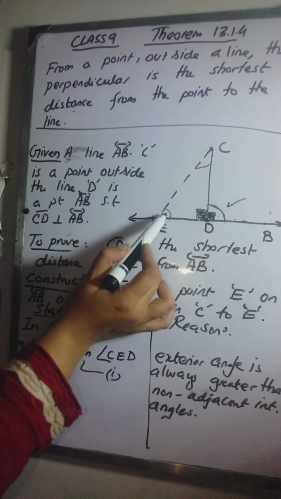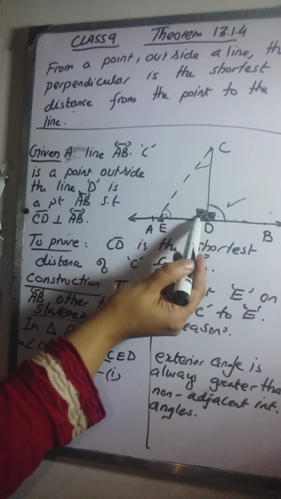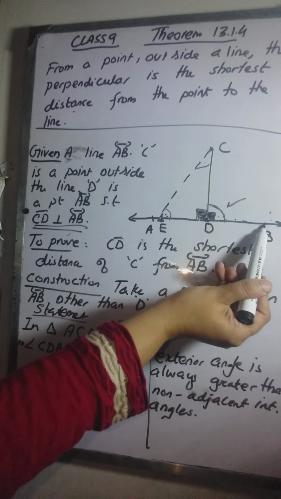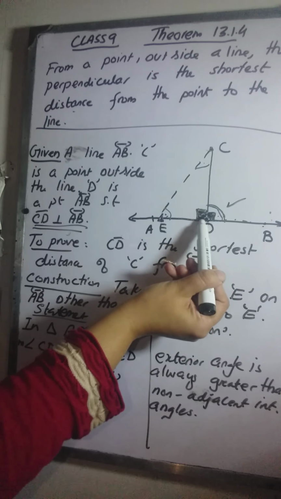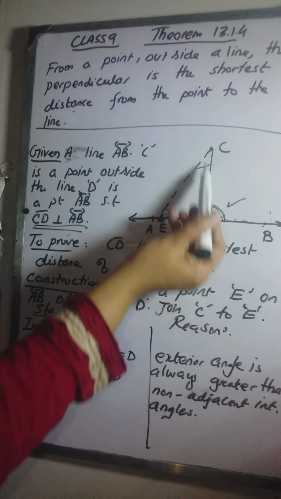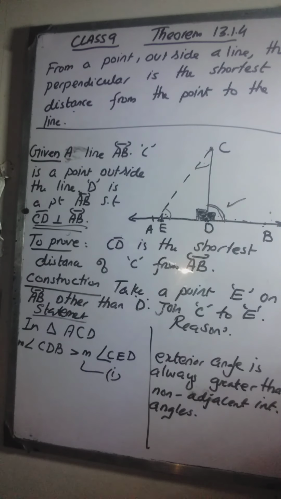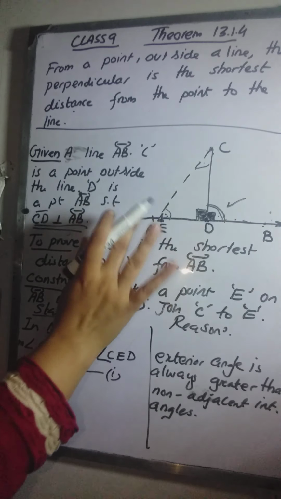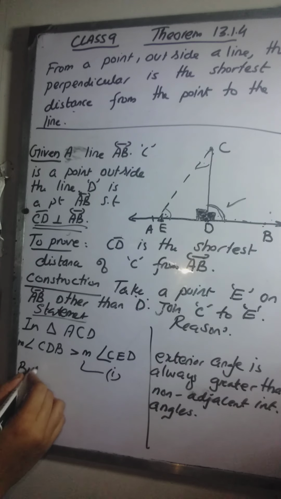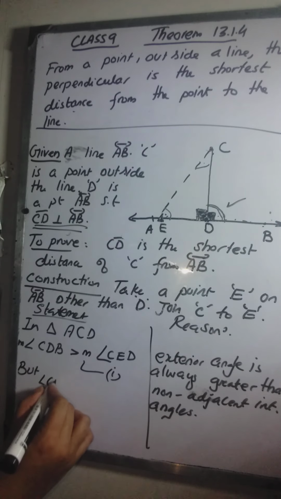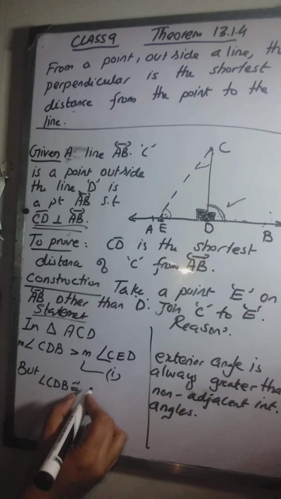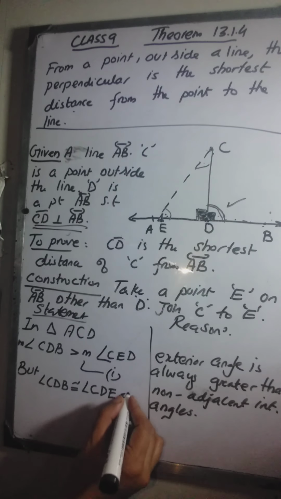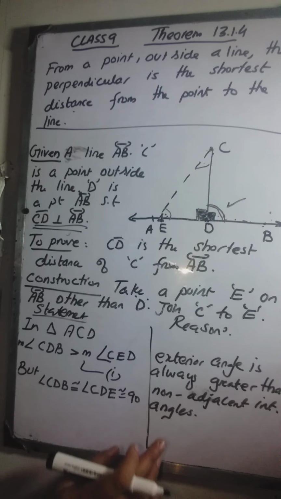It means this angle is greater than this, but we know that this is 90 and this is also 90. It is given to us that CD is perpendicular to AB. So if this angle is 90, both these angles are 90 because this is a perpendicular to the side AB. Now CDB and CDE both are congruent because both are equal to 90 degrees, and both are congruent to 90 degrees.